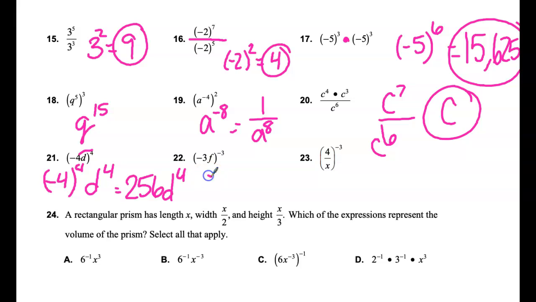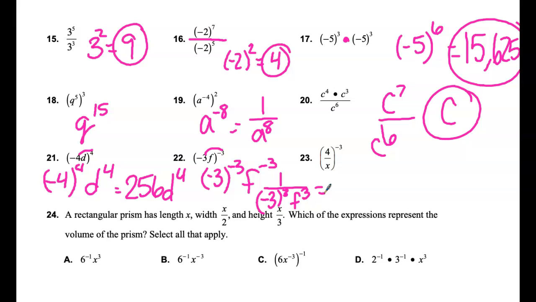Distribute, so it'd be negative 3 to the negative 3rd, and then f to the negative 3rd. I have negative exponents, so I put them on bottom, so it would be 1 over negative 3 to the 3rd, f to the 3rd, which when I actually take 3 to the 3rd, 3 times 3 is 9 times 3 is 27.